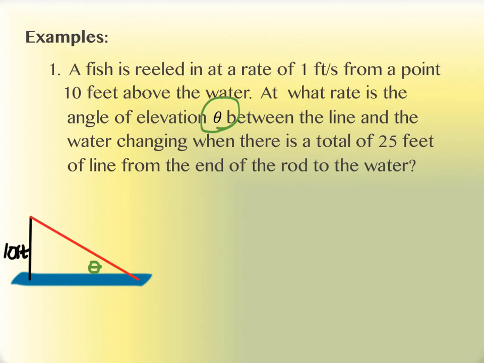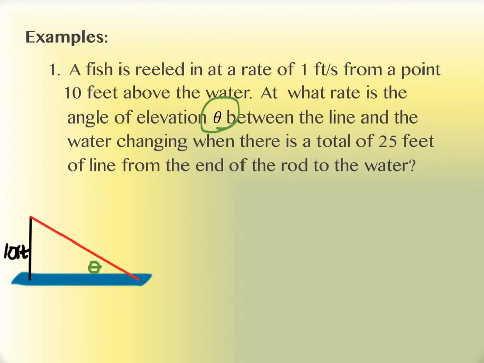The angle that this is talking about is elevation from the water up to the top of where our fishing pole is. Now notice the 10 feet does not change ever, right? But the length of this red line is going to change, and the value for the angle is going to change. Those things will change depending on what point in time we look at them.